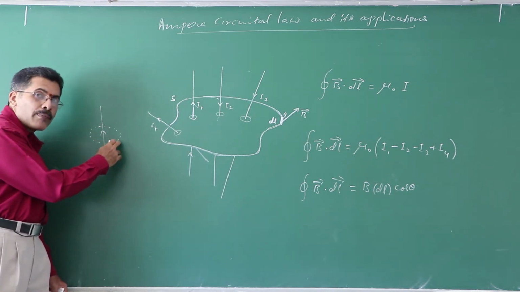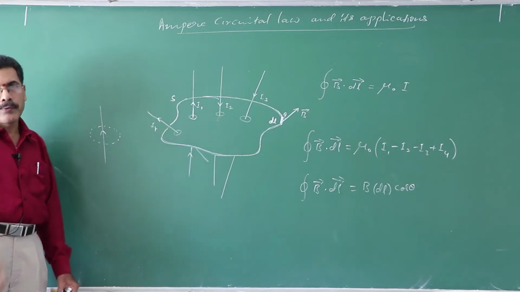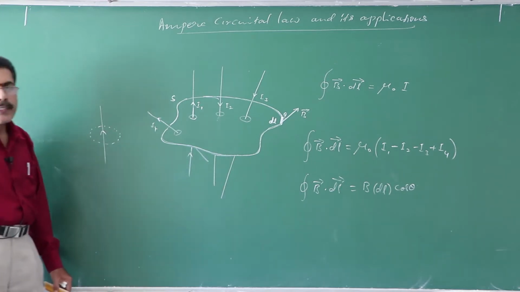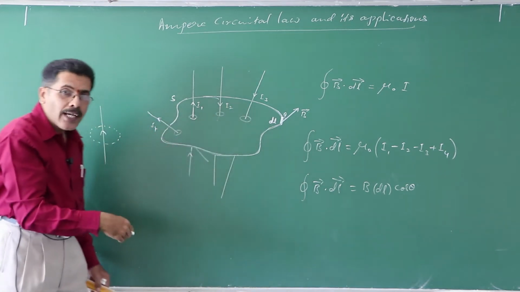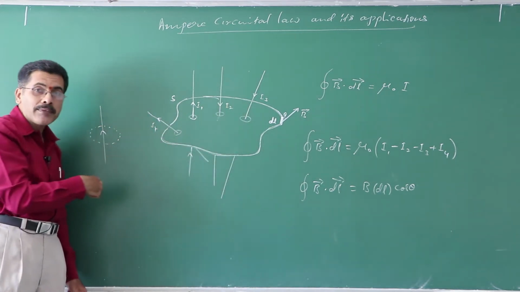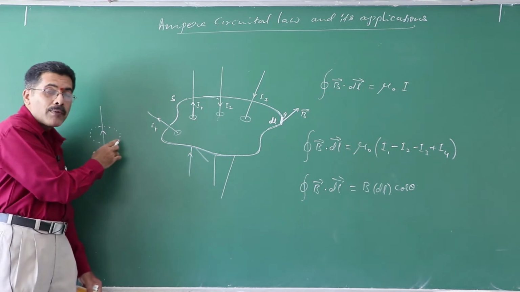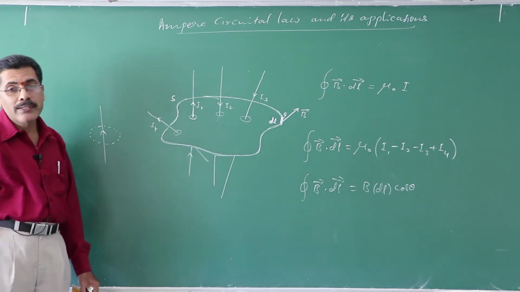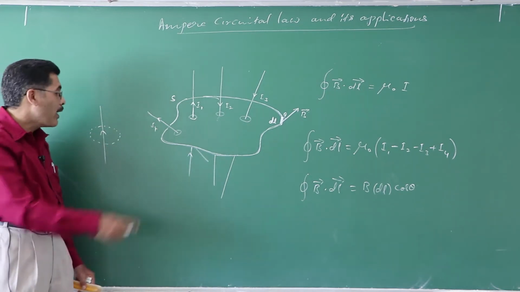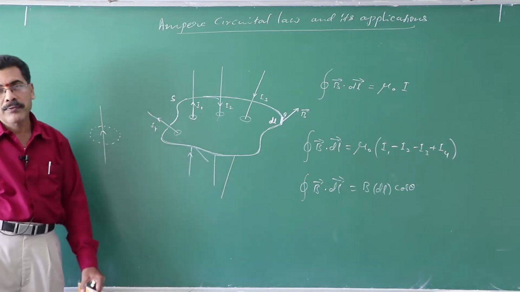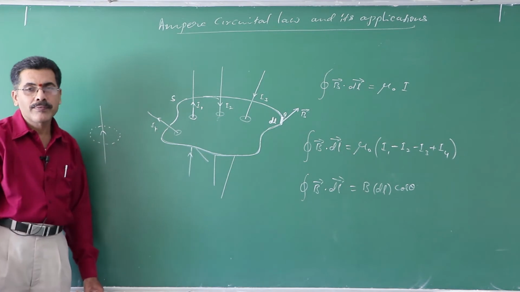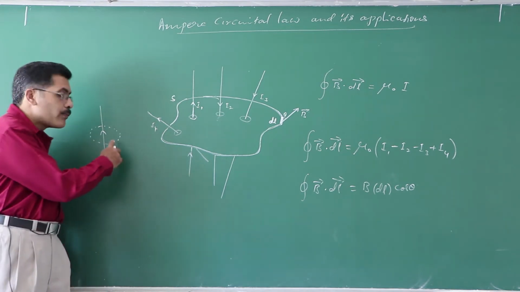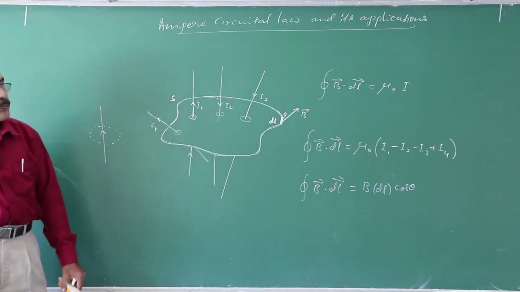We call this loop an Amperian loop. There may be a boundary, real boundary or imaginary boundary. Using that boundary, we can determine the magnetic field, but that boundary should enclose the current or current carrying conductor. So we call this loop an Amperian loop.